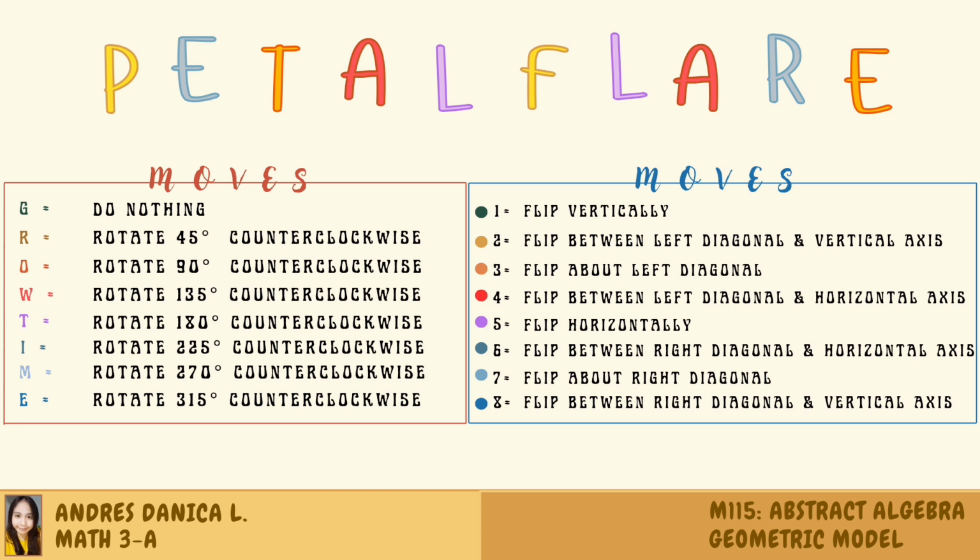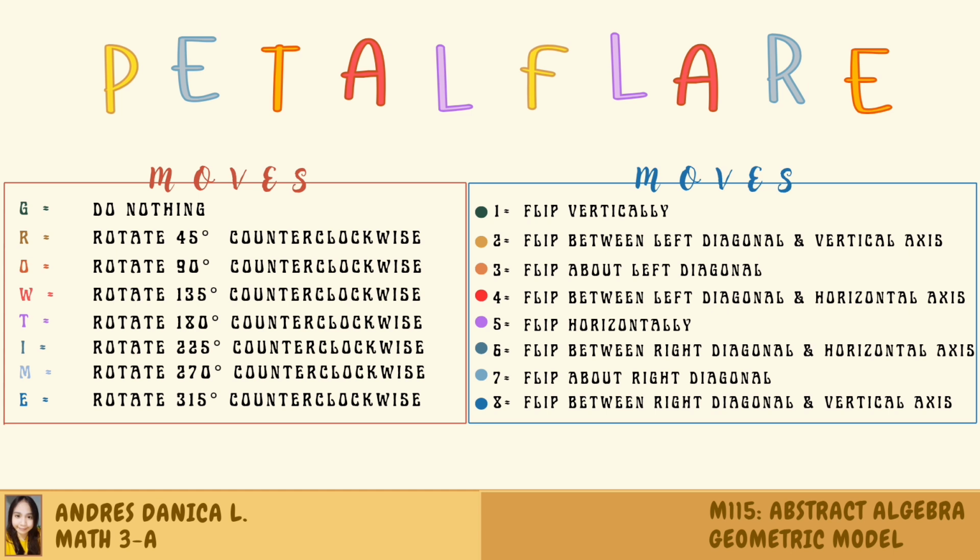For the line, for element 1, we have flip vertically. For element 2, we have flip between the left diagonal and vertical axis. For element 3, we have flip about left diagonal. For element 4, we have flip between left diagonal and horizontal axis.